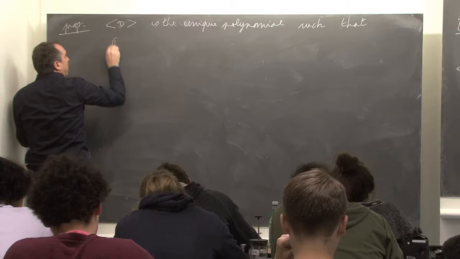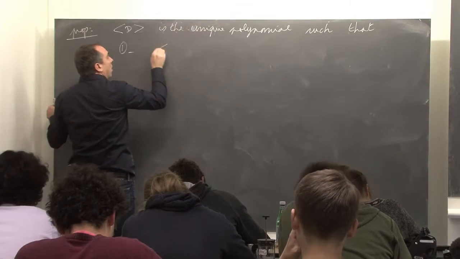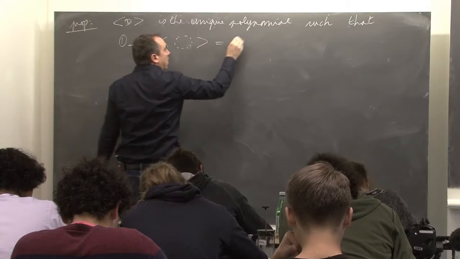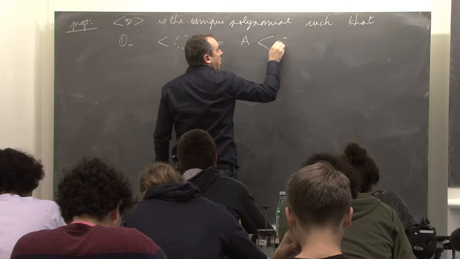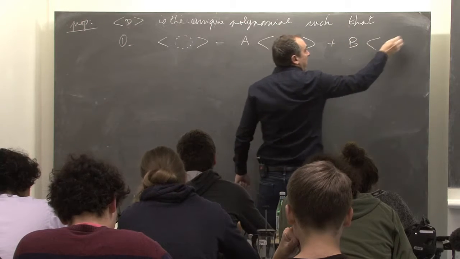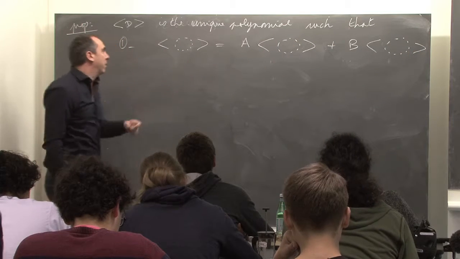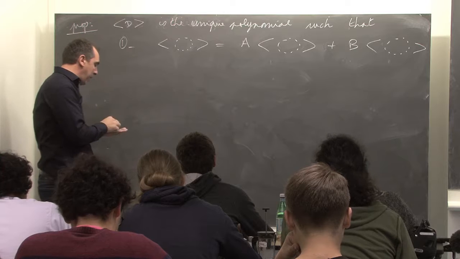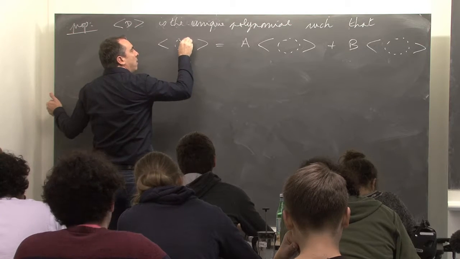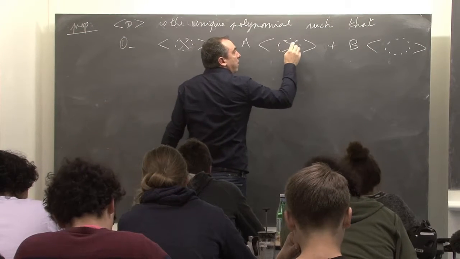The first property is that if I consider three diagrams which coincide outside the disk, and inside the disk they differ as follows, then we have this property.